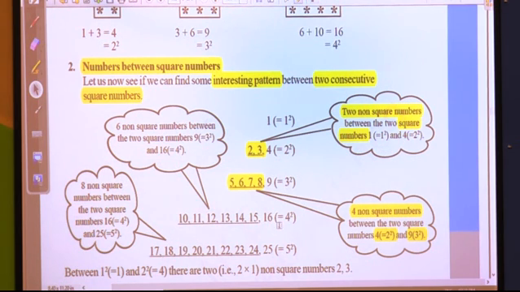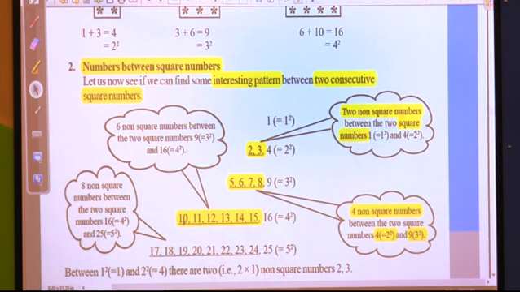Proceeding further, 4 square is 16. Previously we have seen 3 square is 9. Now after that is 4 square, 16. So between 3 square and 4 square, 6 non-square numbers are present: 10 to 15.